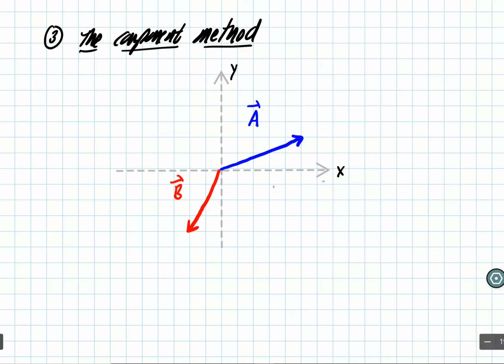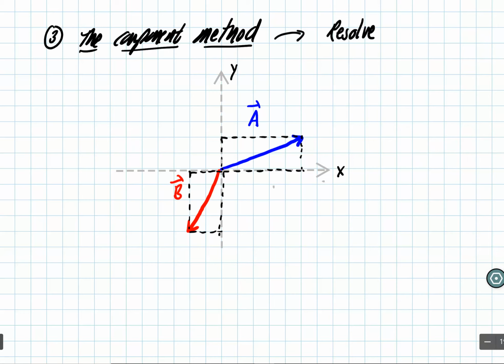So the first thing I'm going to do is think about a dashed line box that encloses vector A, with one side of the box parallel to the x-axis of our frame of reference and the other side parallel to the y-axis. I'm going to do the same thing for vector B. And what we do with the component method is there's this word called resolve.